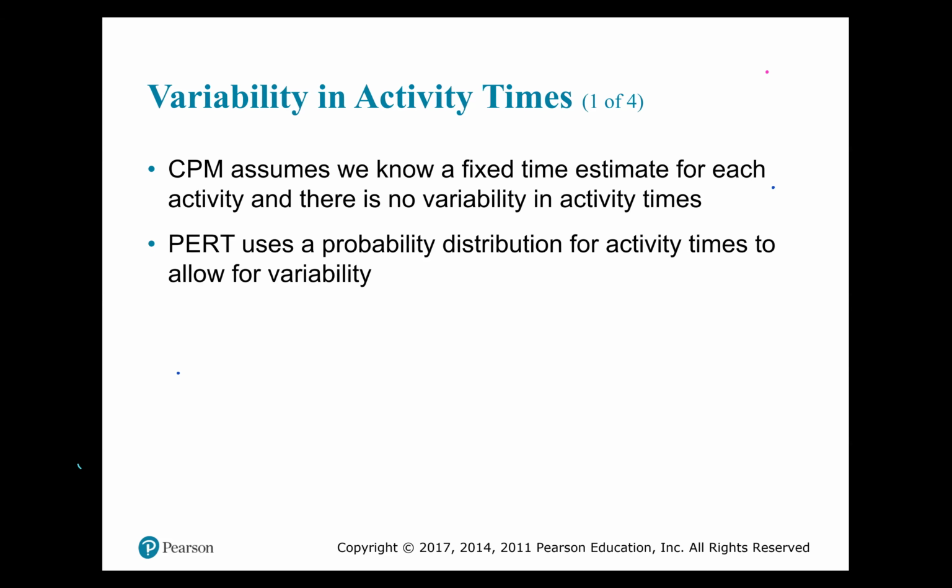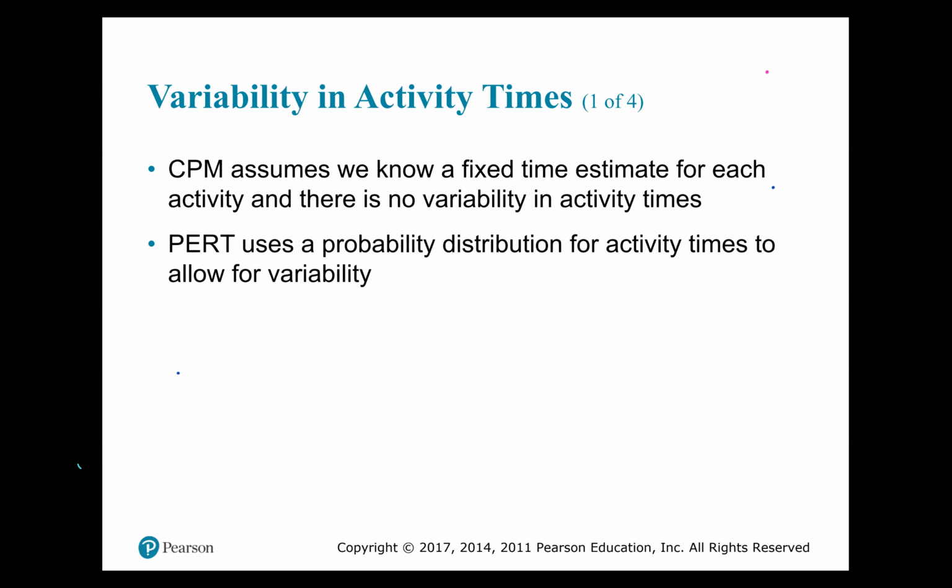So you have variability in the times that activities can take. To be more precise, we say that if the project is something that, well, all projects are unique, but this is something that you have no precedence to go from.